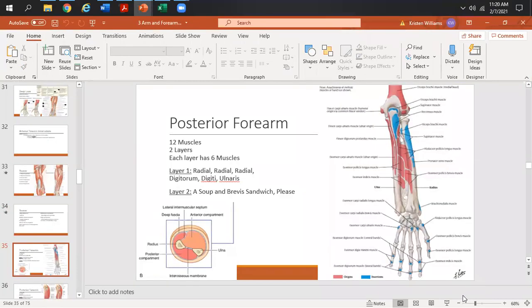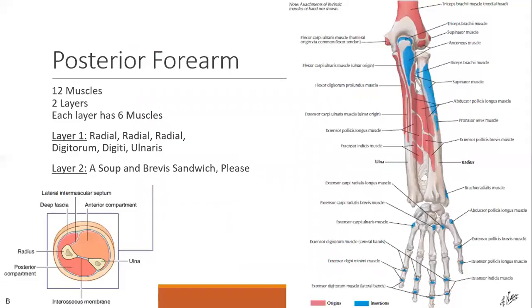So your posterior forearm muscles, there's 12 of them. I learned them in 2 layers, with each layer having 6 muscles. And then the mnemonic that me and my friends used, which I think is also from Preddy, is in his videos. It's 2 of them, but I think combined, it may be like 20 minutes.